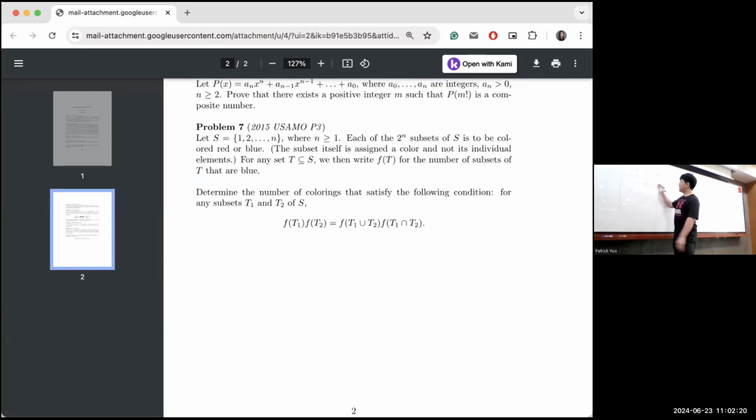So what happens in this case is that if we choose any T1 and T2 that are disjoint, so the intersection of T1 and T2 is the empty set, what we find is that F(T1) times F(T2) is equal to F(T1 ∪ T2).